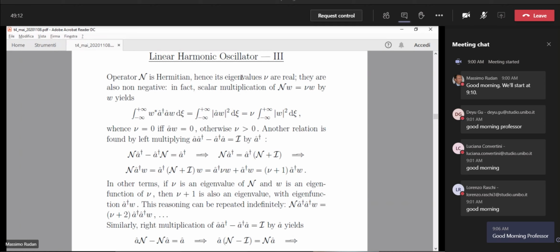We can demonstrate this by multiplying on the left the eigenvalue equation for the number operator by W star, and then we integrate from minus infinity to plus infinity.